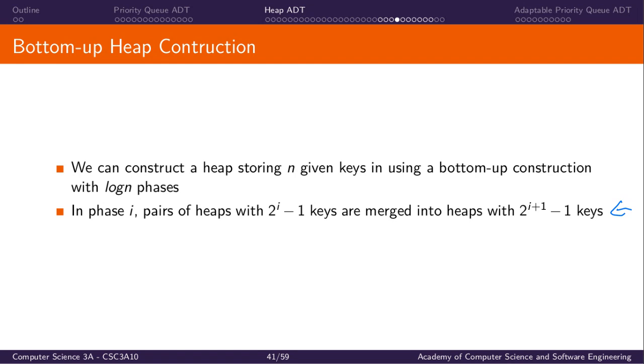At each time, we have heaps that have 2 to the power i minus 1 keys, and we're going to merge those. Initially, at phase 0, we have heaps with simply 1 node each, and we're going to keep merging those into larger and larger heaps.